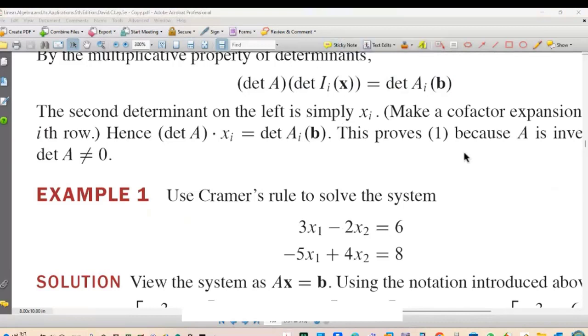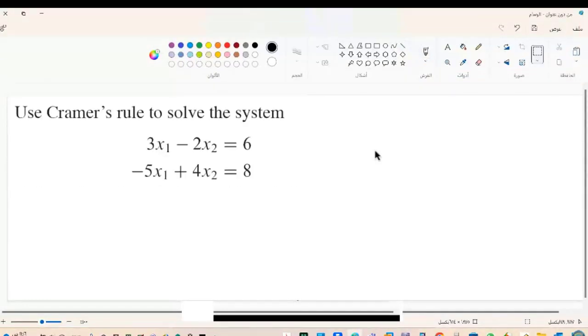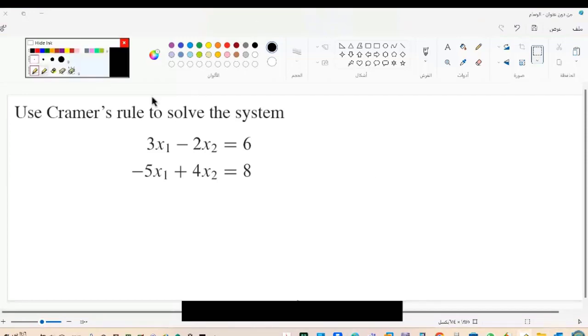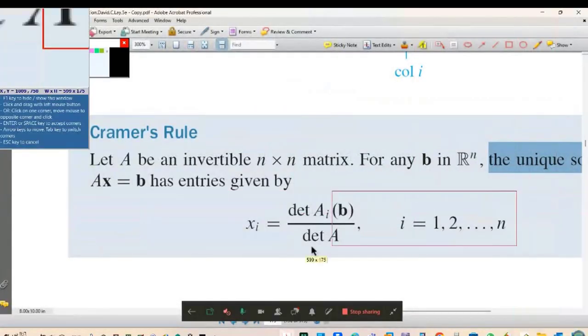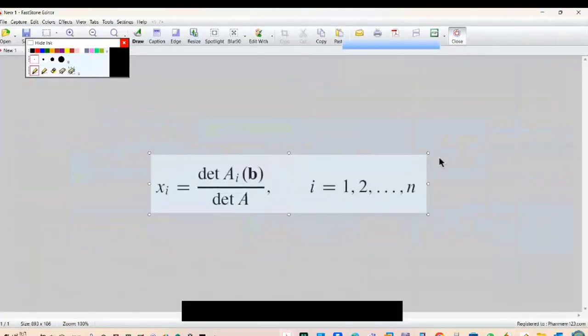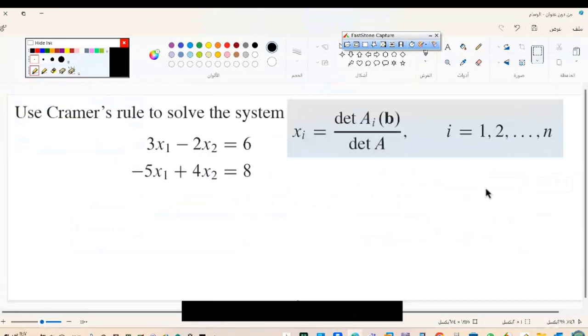Forget the book now and focus with me. I will use the exact example inside our book. This is the method.